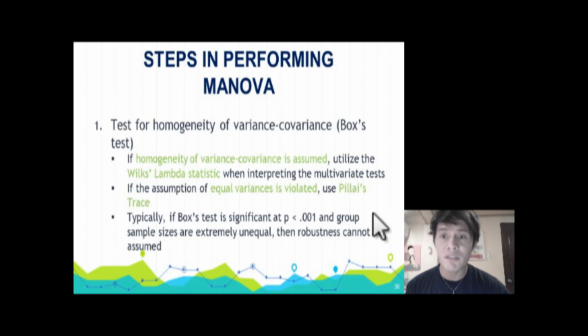If the assumption of equal variances is violated, use Pillai's trace. Typically, if Box's test is significant at p-value 0.001 and group sample sizes are extremely unequal, then robustness cannot be assumed. Our SPSS will give us this Box's test data.